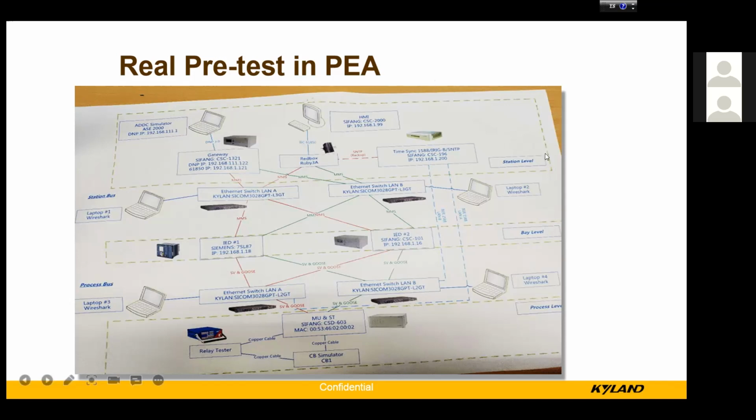You can see the test is almost the same topology as a real substation. It has a process level, bay level, and a station level. And between these levels, there are two networks, parallel networks, LAN A, LAN B for the station level, and LAN A, LAN B for the process level.